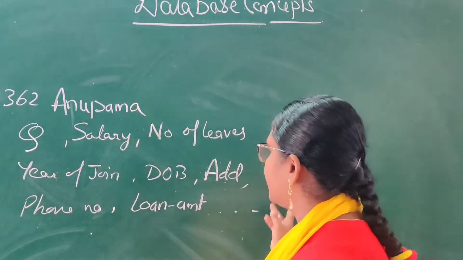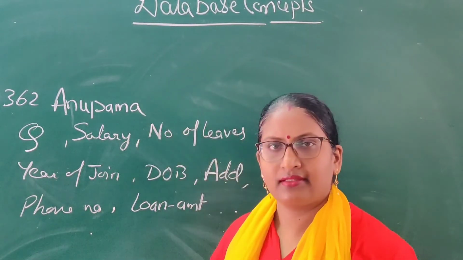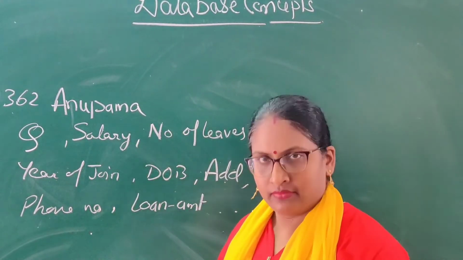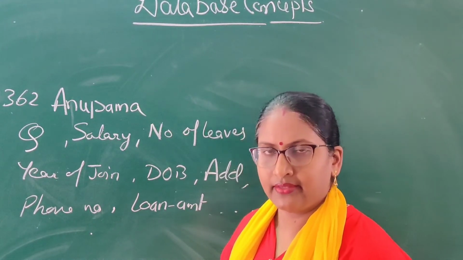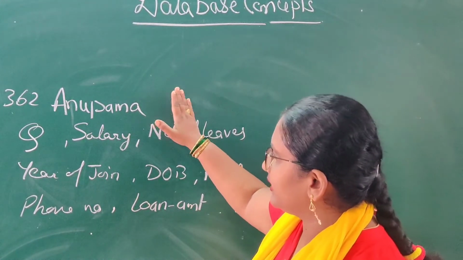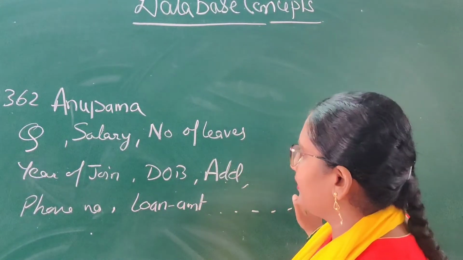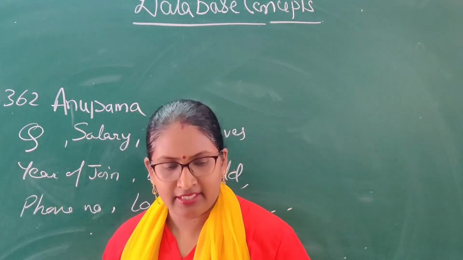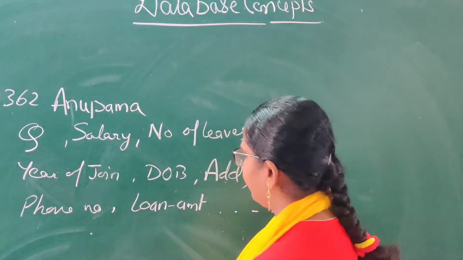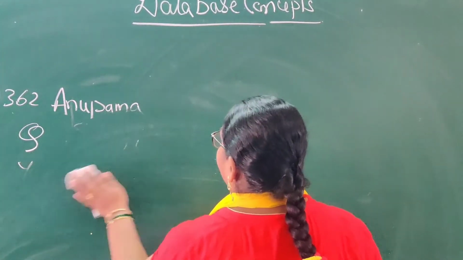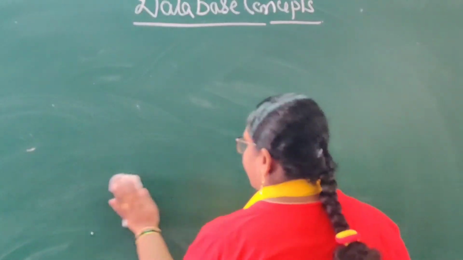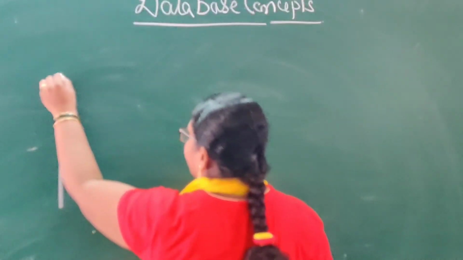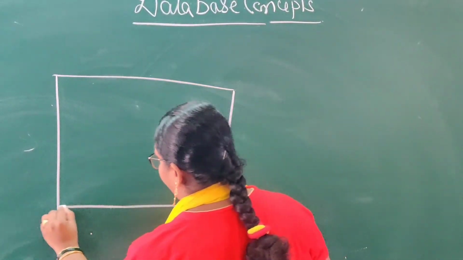I don't need the other data. So we will learn how to do that function. All this data is being stored in your database in an organized form. Data being stored in an organized form is known as database.